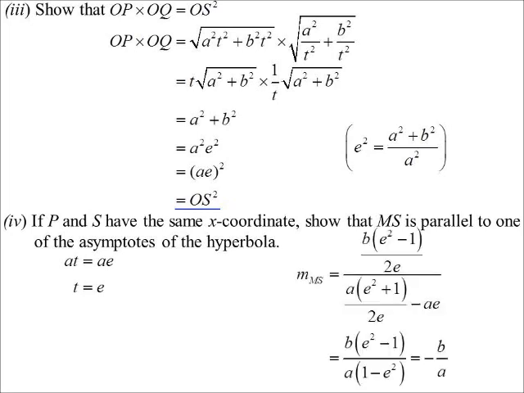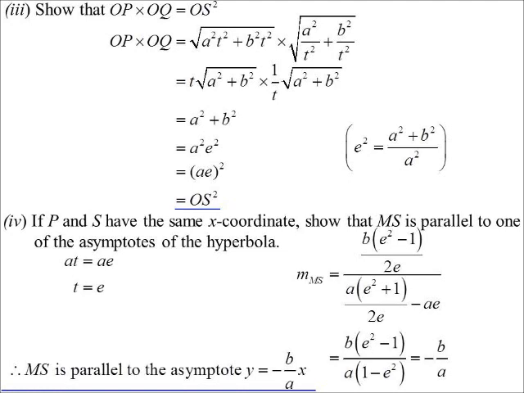So if we find the slope of MS, because we're trying to show it's parallel, but now using ae, then it does come out nicely, doesn't it? The slope of MS, again, a lot of algebraic fraction work. We get minus b on a, which we know is the slope of one of the asymptotes.